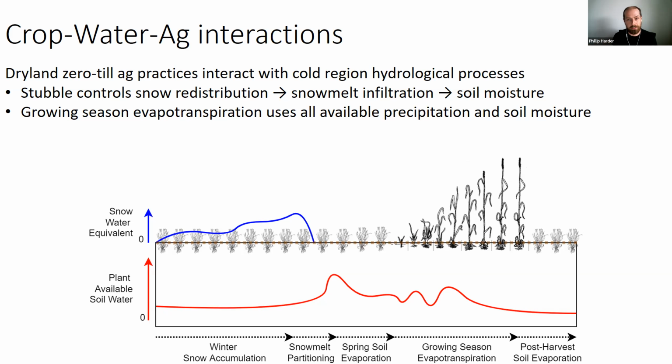And then when the growing season kicks off, now we have a huge increase in evapotranspiration, which typically uses up all the precipitation and soil moisture that's available. And then afterwards, we've got the soil evaporation component, which further dries out soils. And so we have all these little interactions that ultimately give us a yield response.